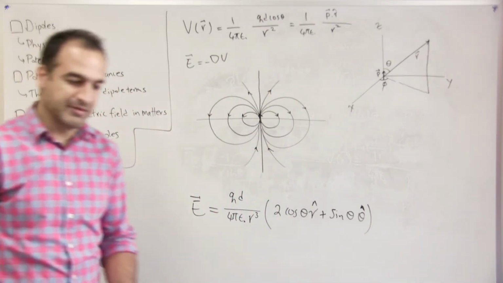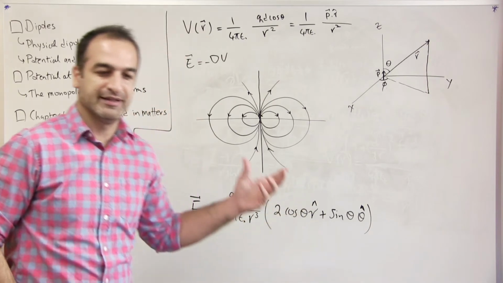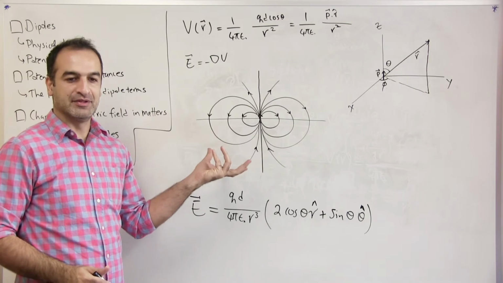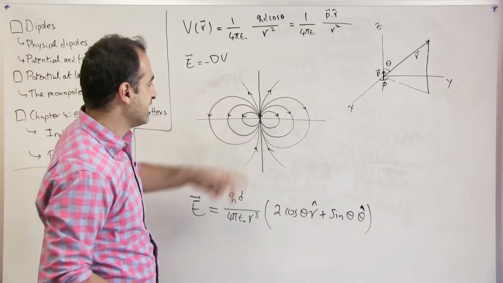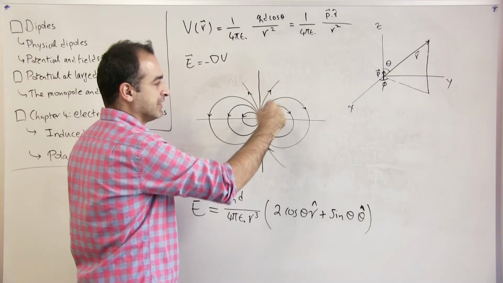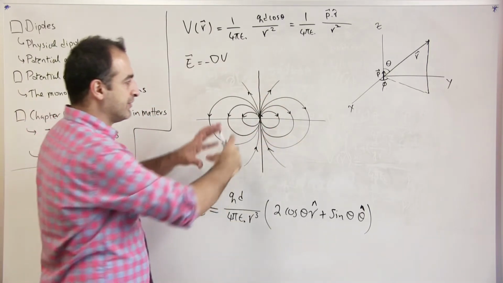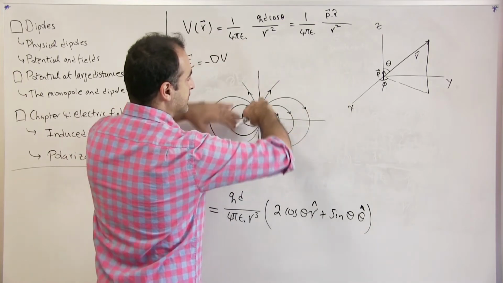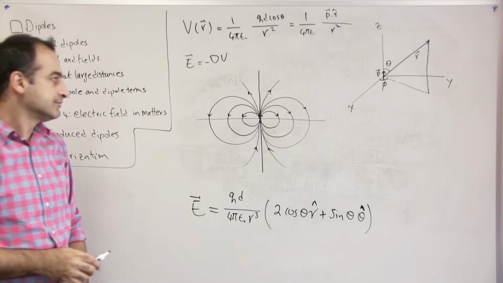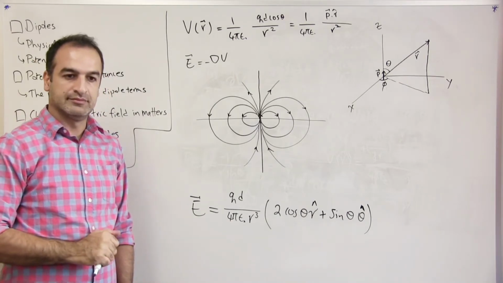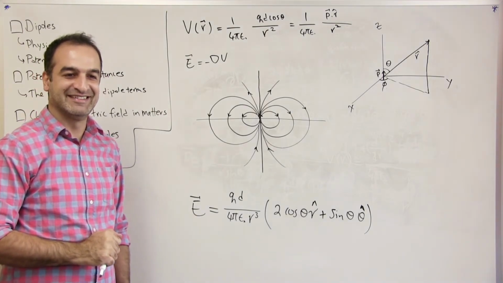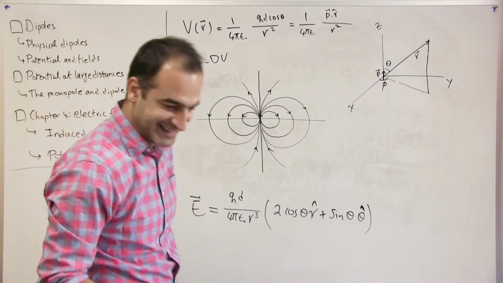I guess this is familiar to you. This is exactly the way the field lines of a magnet, which is basically a magnetic dipole, look. The positive side, negative side, and you have field lines circulating from positive to negative. As you go further away, the magnitude of the field drops, but the field lines become bigger and bigger. Looks good?